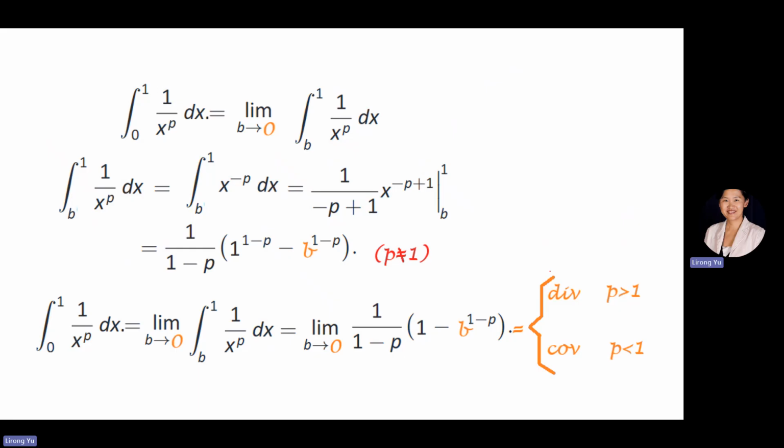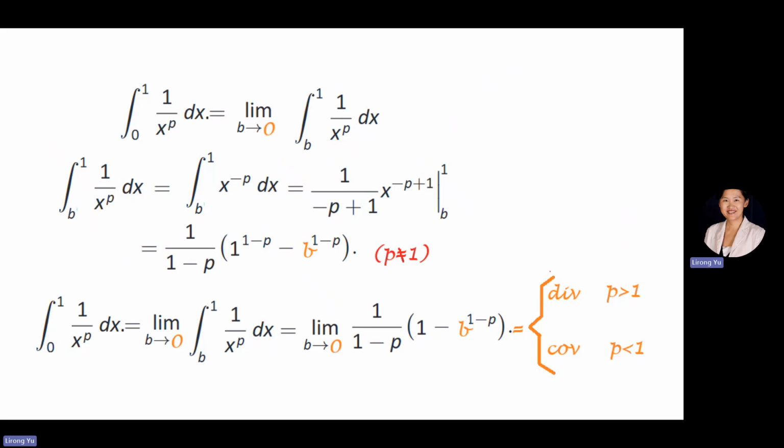So that's when it converges. In the other case, if 1 minus p is negative, so the power is negative, then b is actually in the denominator. So you get 1 over b, and the denominator b goes to 0. Now 1 over 0, if the denominator equals 0, it's undefined or infinity. So that's when they diverge.